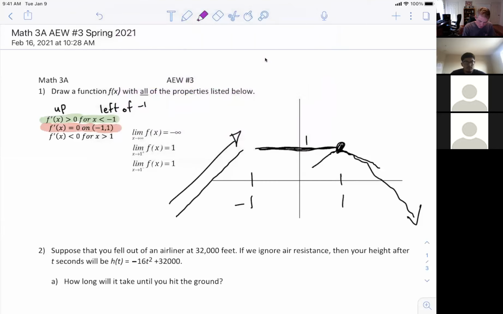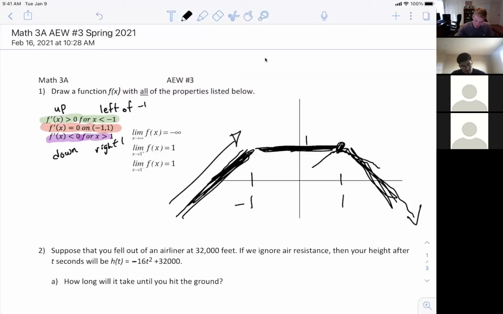And then one other thing is right here in purple, that's saying that the slope is negative. So that means that it's going down to the right of 1. And that's actually this part over here, it's going down. So the graph should look like this. It's going up, and then it flattens out, and then it's going down.